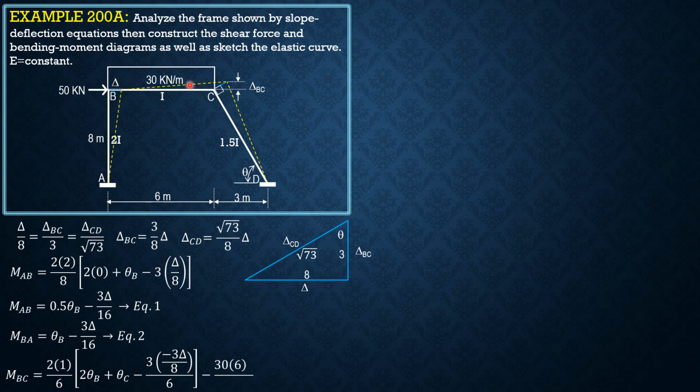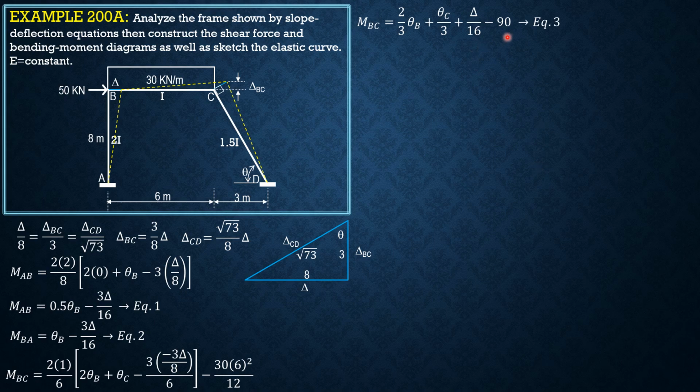The chord joining B and C rotates counterclockwise. So negative 3 delta over 8 over length 6, then minus 36 squared over 12. Simplifying, MBC is equal to 2/3 theta B plus theta C over 3 plus delta over 16 minus 90.